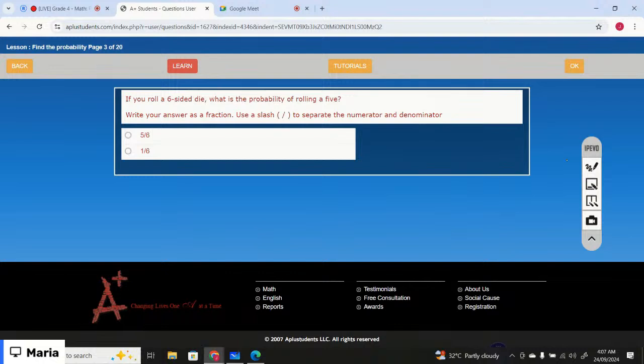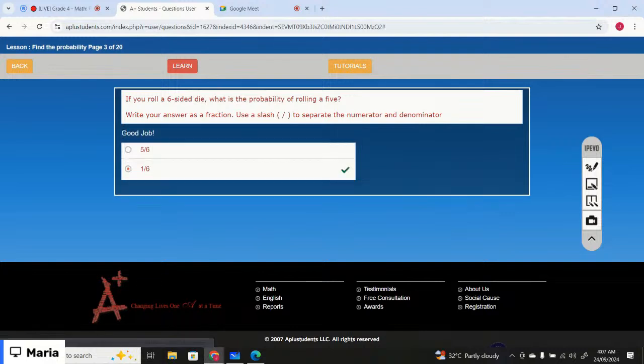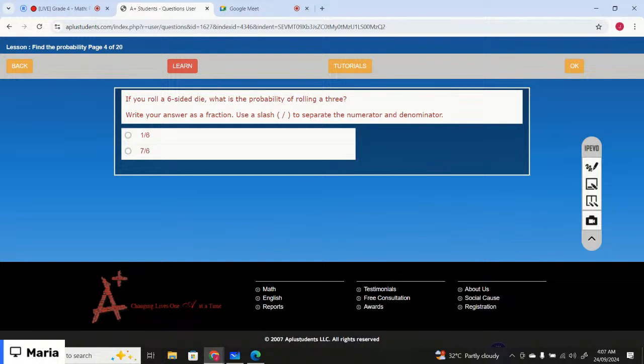The correct option is 1 out of 6. If you roll a six-sided die, what is the probability of rolling a 3? That is 1 out of 6 again, right?